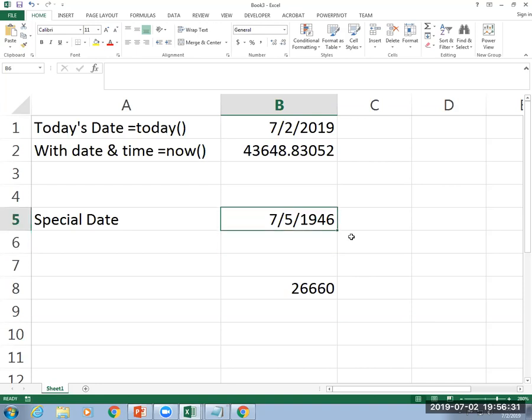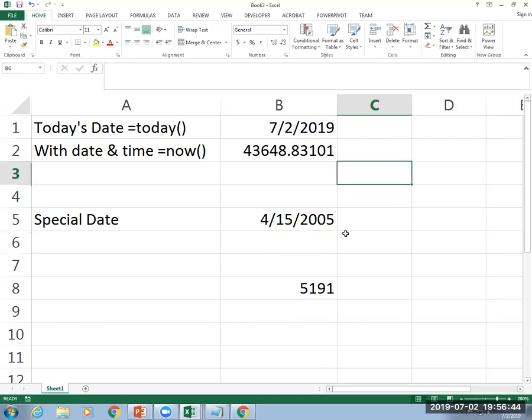Another really cool one is that my daughter's birthday is 4/15/2005, which means that she is currently 5,191 days old, which means that I could figure out, when was she 5,000 days old?